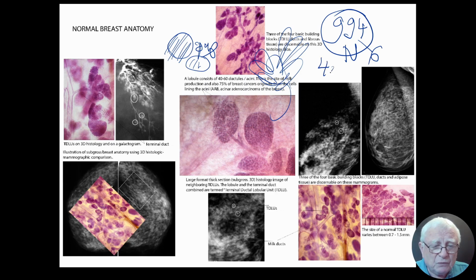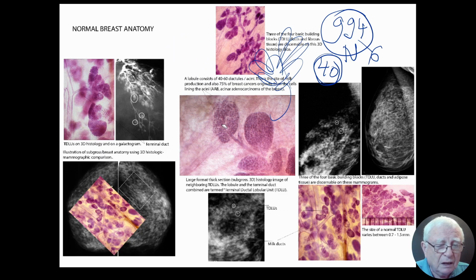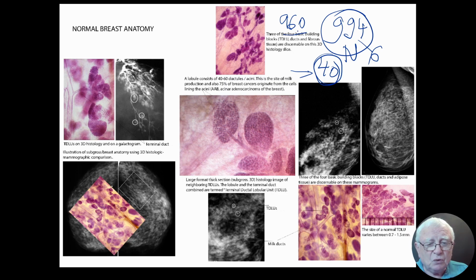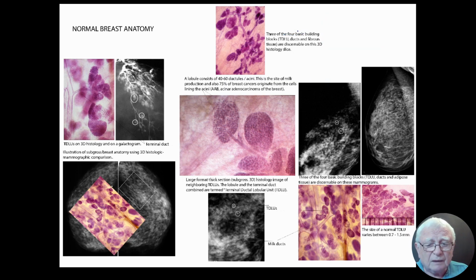Nevertheless, even if we say out of 1,000 screened, there will be 40 that need to be called back, it's still 960 times you have to say normal. How can you do that?